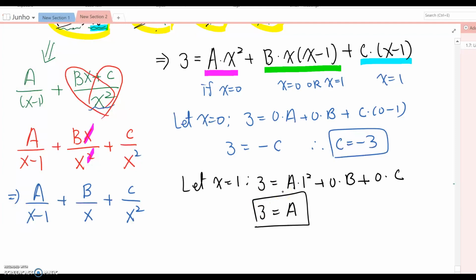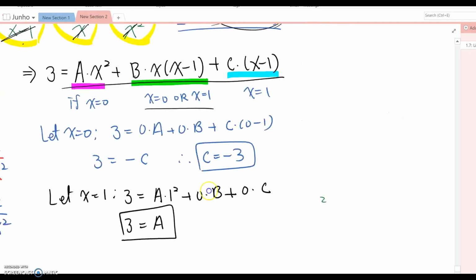Okay. Unfortunately, when we set x equals 0 and x equals 1, the b term becomes 0 in both. So, to find the b value, what I want to do is replace the a and c values into this equation, and then expand it. Okay, so that's how we find it.